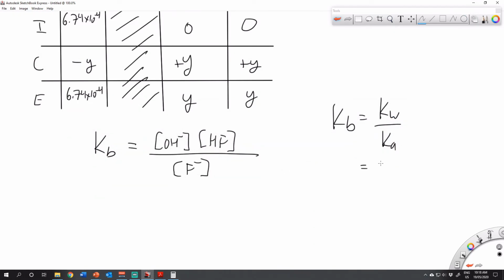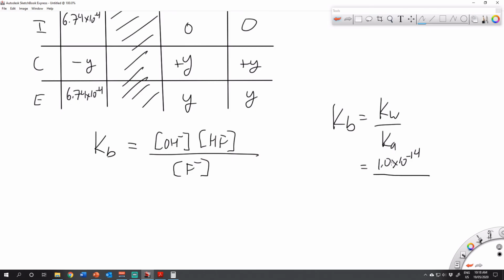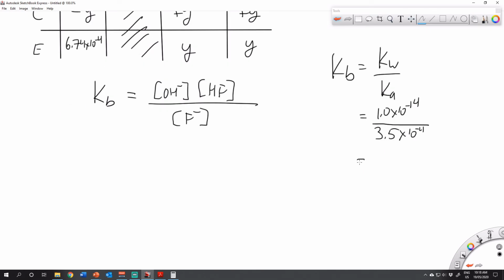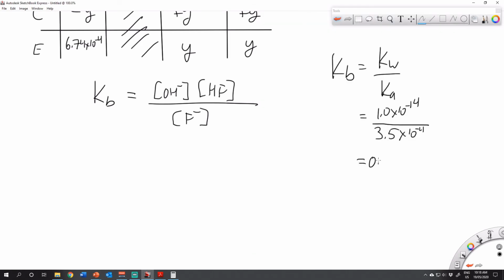So Kb will be 1.0 times 10 to the negative 14, all divided by the Ka, which was 3.5 times 10 to the negative 4. That gives a Kb of 2.86 times 10 to the negative 11. There's my Kb.